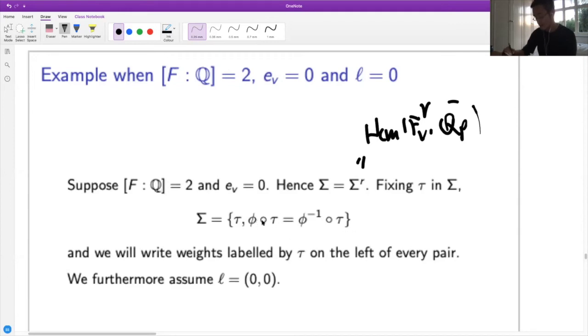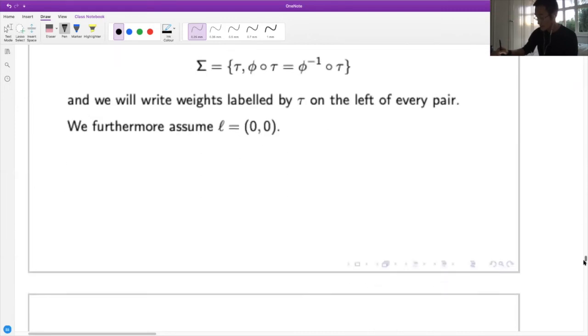In the quadratic inert case, it doesn't make a difference. So I'm going to always write the number on the left if it's indexed by tau, and the number on the right is the number indexed by phi twist of tau. And I'm going to assume l to be 0.